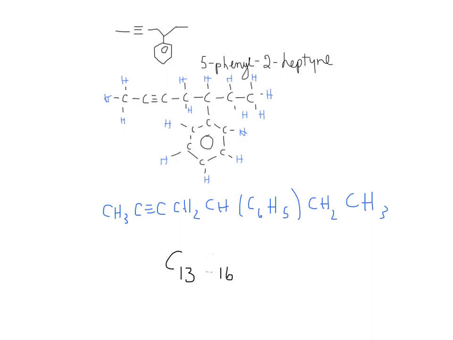And that count doesn't look quite right. 3, 5, 6, 11, 13, and 16. So it would be, yeah, it doesn't seem to follow any formula because of the benzene ring that's present. Alright, so that would be the molecular formula.